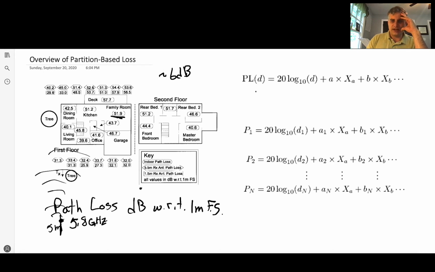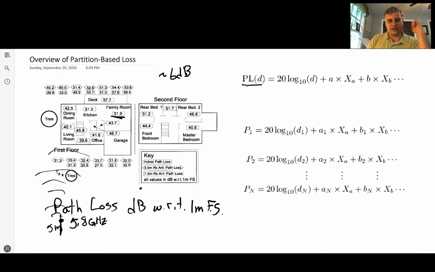instead we use this partition-based model, which was popularized and formulated in a paper by researchers named Seidel and Rappaport out of Virginia Tech.